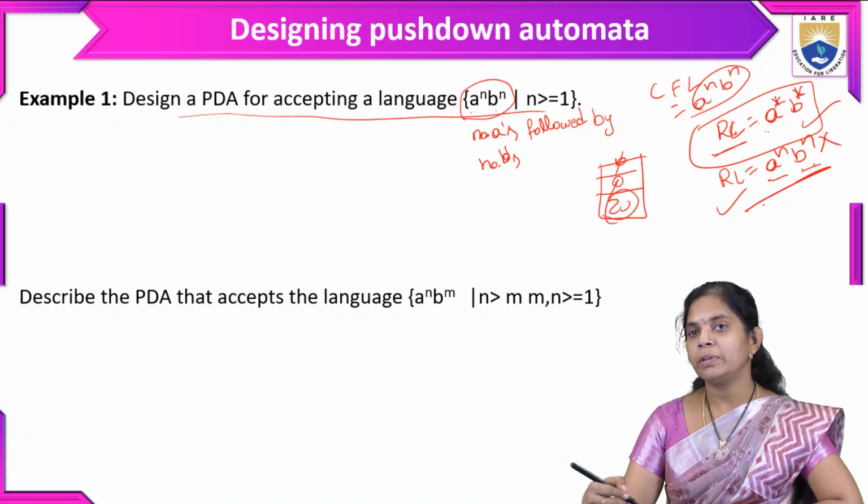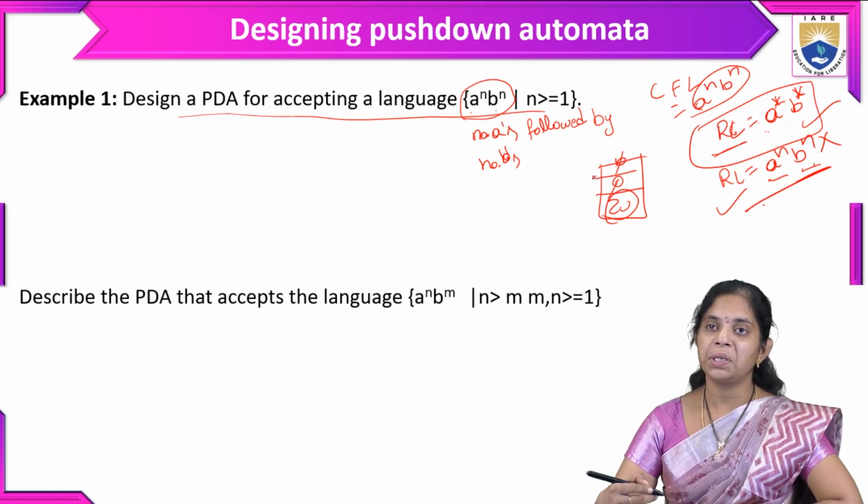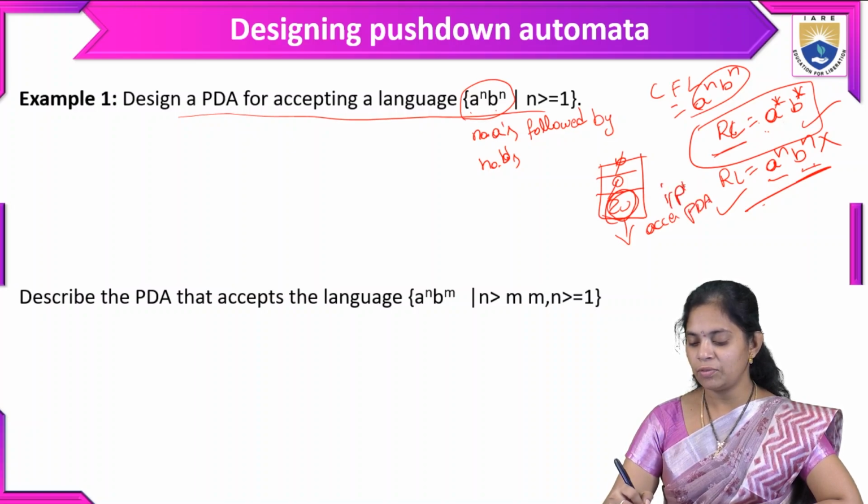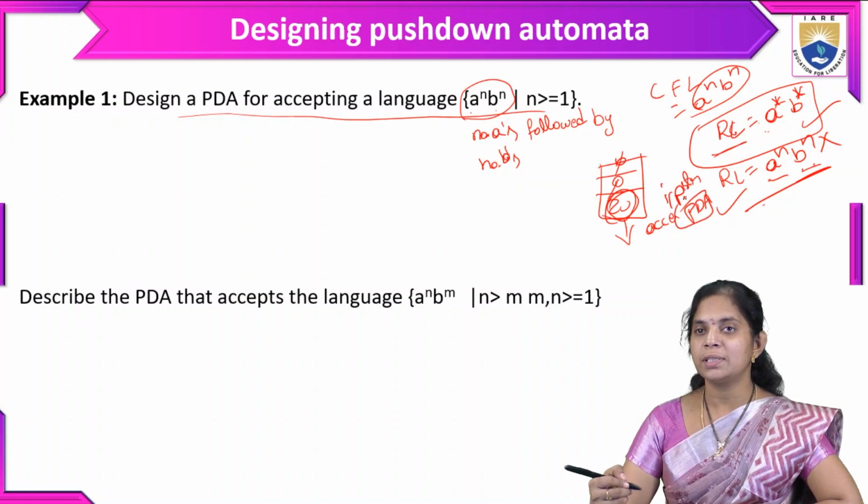Whatever we initialized the stack with, we need to come back to that after finishing all the input string. Whenever we reach Z0, the string is accepted by the pushdown automaton. So this is the logic.